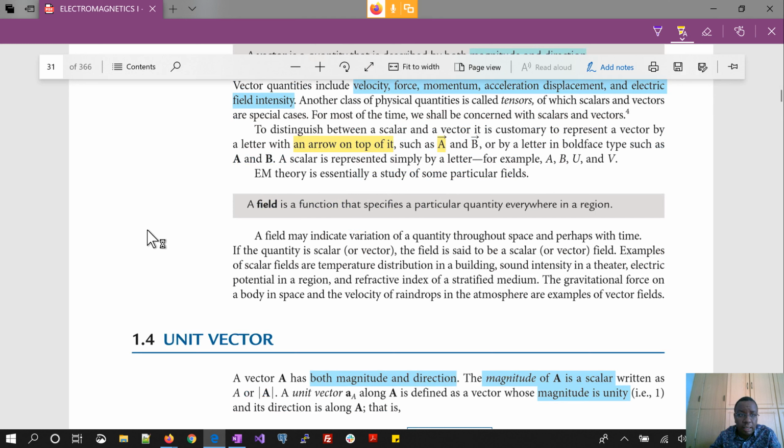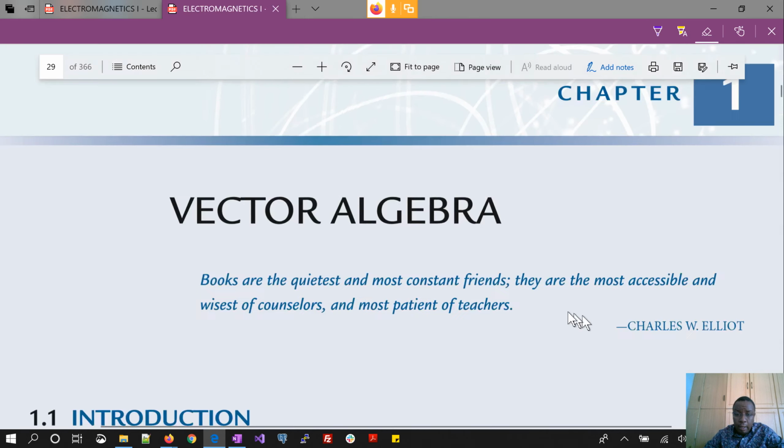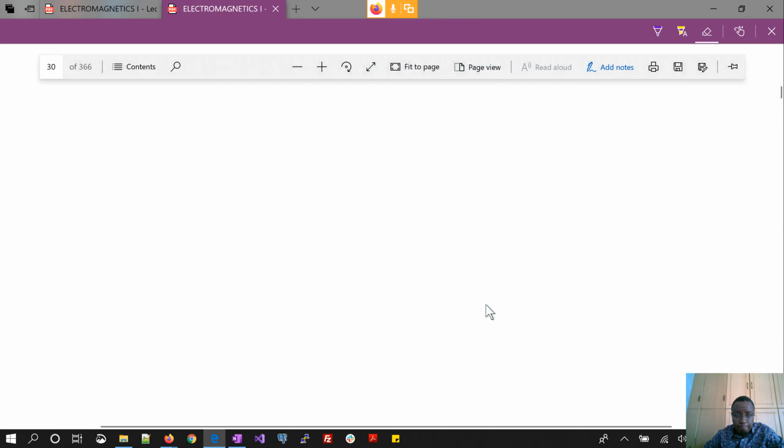My tool is really not doing very well because it's hanging. Just a second, ladies and gentlemen. We have just introduced the scalar and the vector.